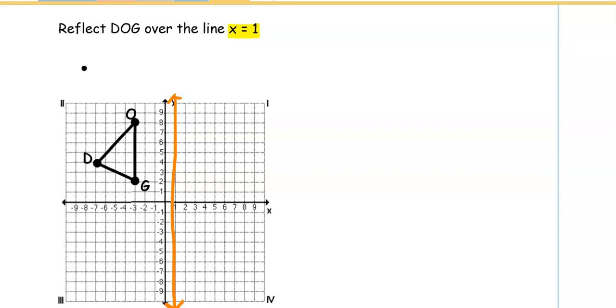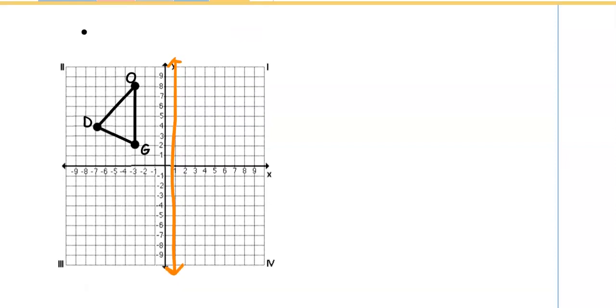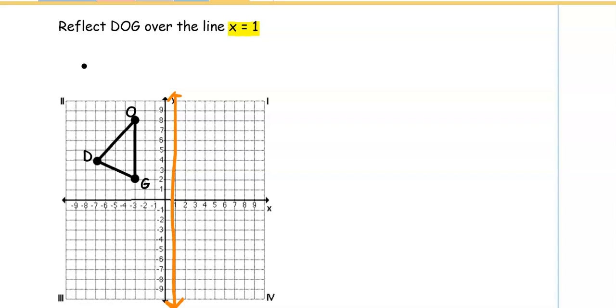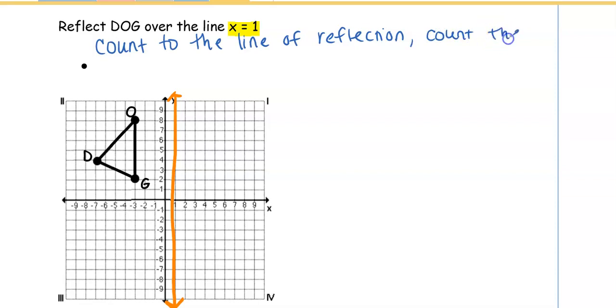When we're at that vertical line, the way that we reflect is by counting to the line of reflection, and then count the same amount on the other side of the line of reflection.